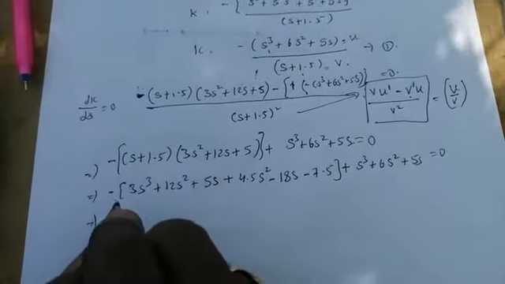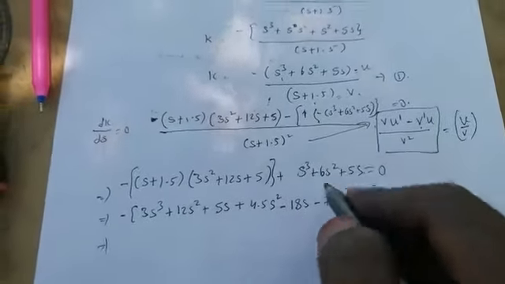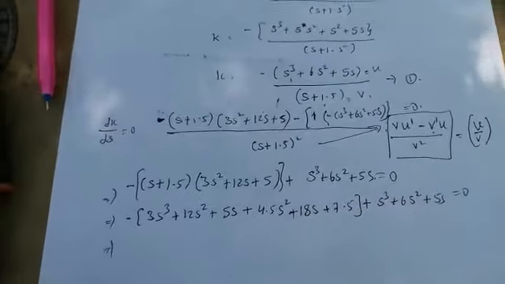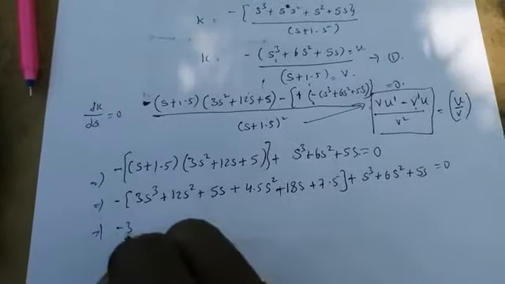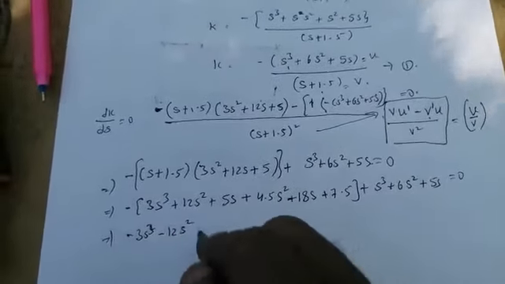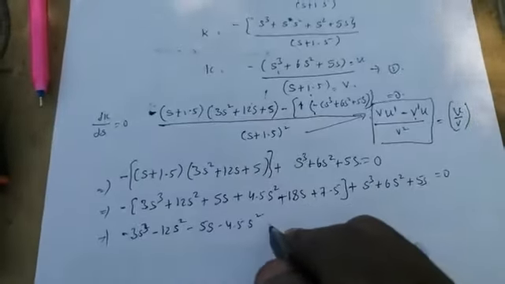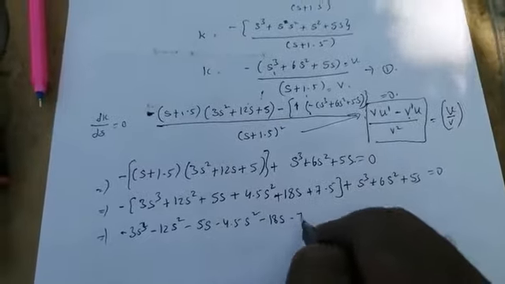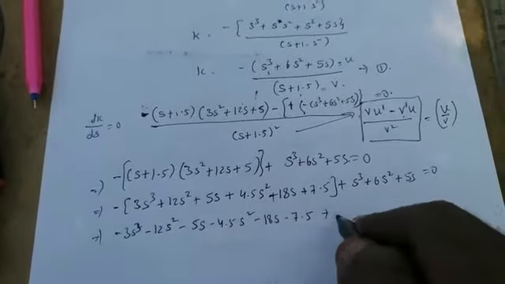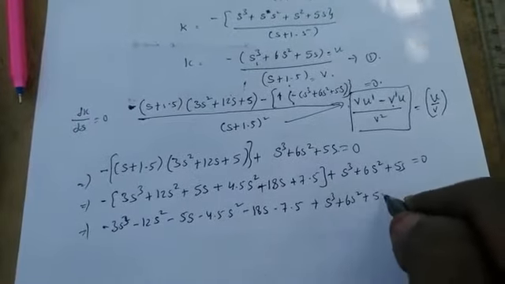So when you multiply that minus to all terms, here plus will come: minus 3s cubed minus 12s square minus 5s minus 4.5 s square minus 18s minus 7.5 plus s cubed plus 6s square plus 5s equals to 0.